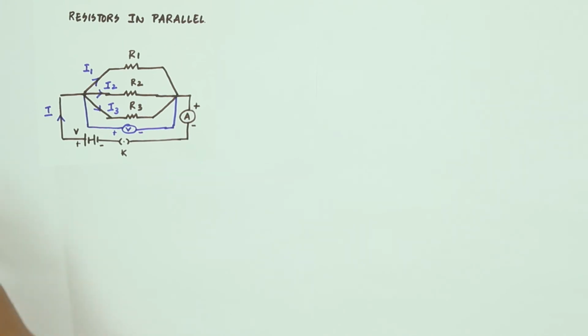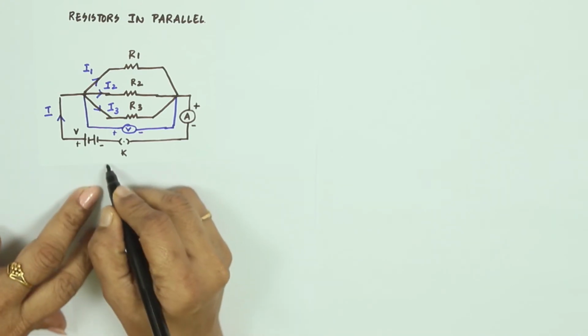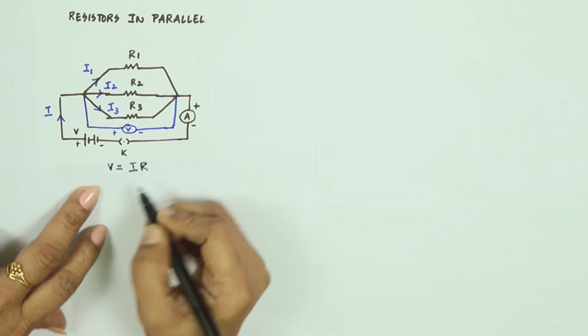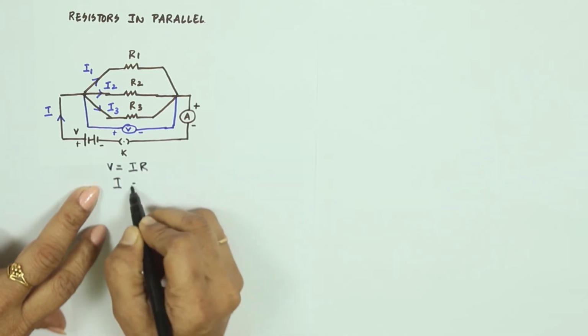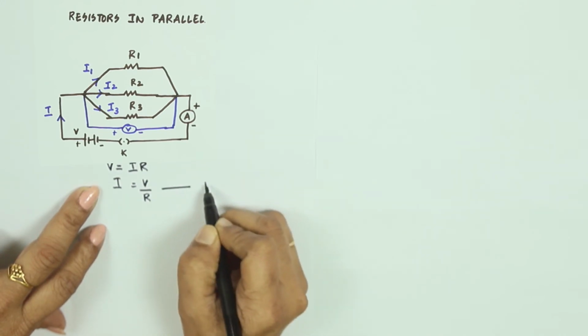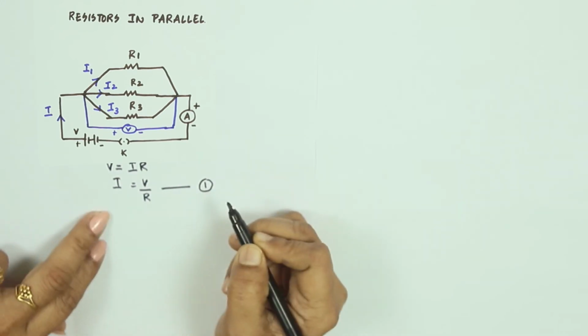Now, let us calculate what is the equivalent resistance in a parallel connection. So, from Ohm's law, we know that V is equal to IR. From this, I is equal to V by R. So, this is equation 1. Now what did we see in the parallel circuit? The current varies.